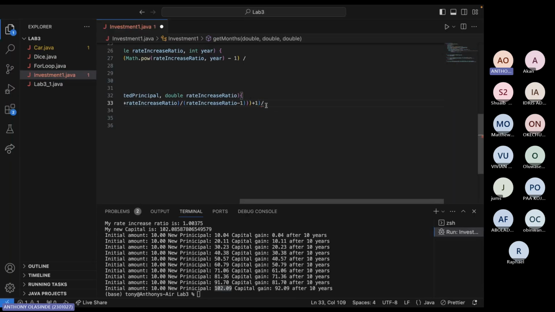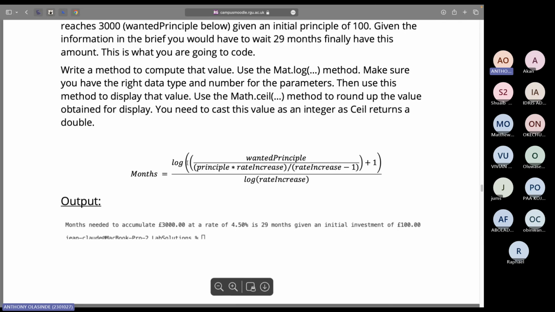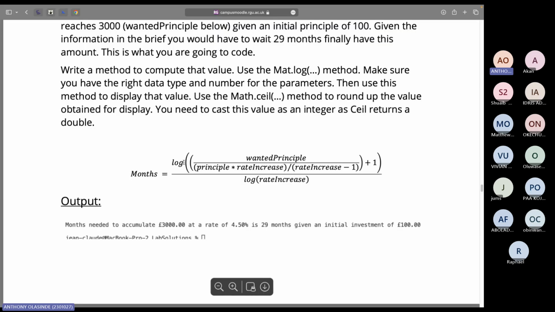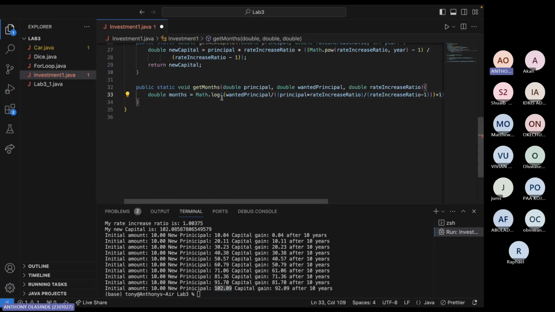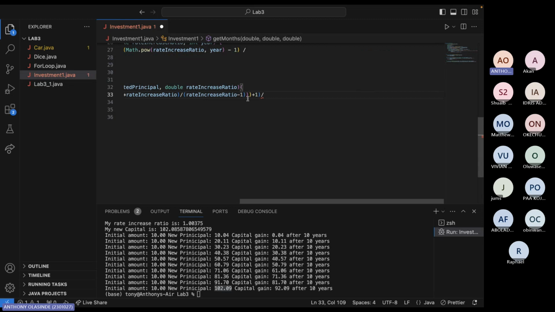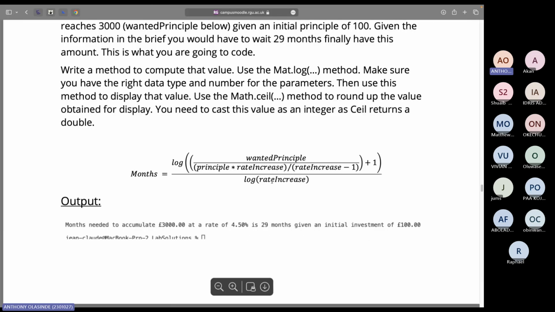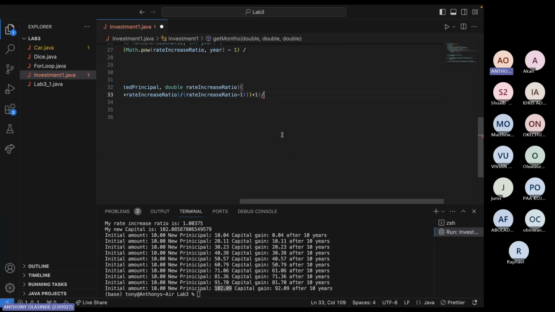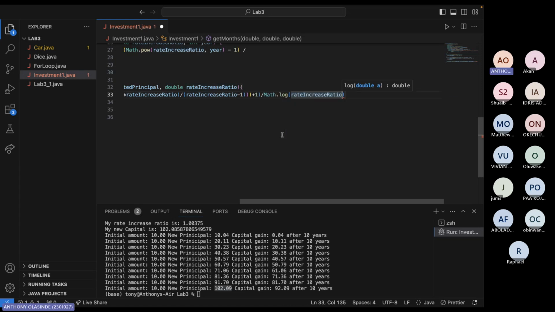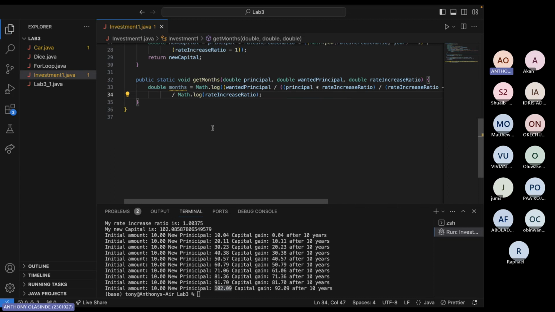You need divided by, your initial bracket, that's the bracket of the log, everything with your log, all over log of rate increase. So you still need another math.log of rate increase ratio. So that gives you your month.